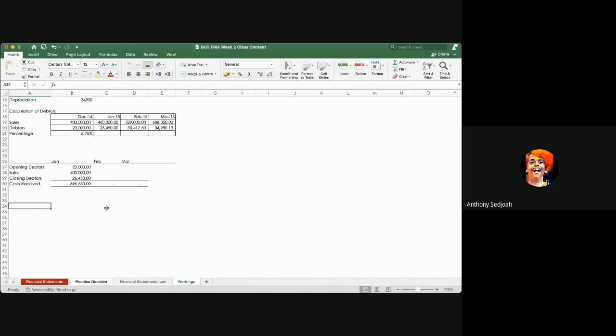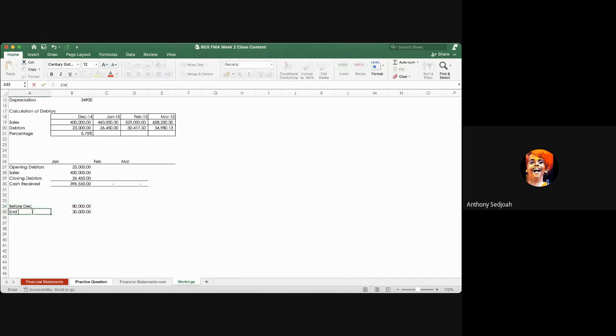Okay, let me give an example here. Before December, or as at 1st December, the total amount of what people owed us is 80,000.